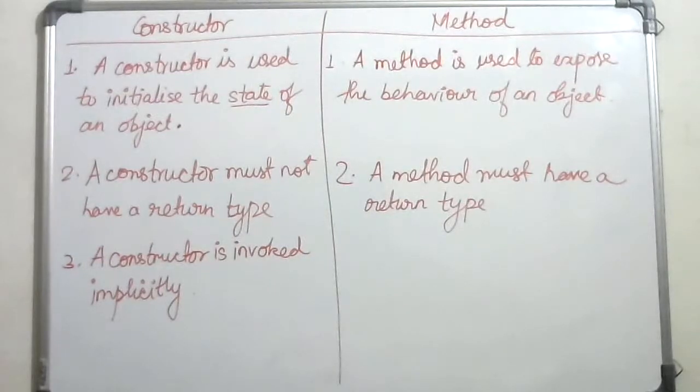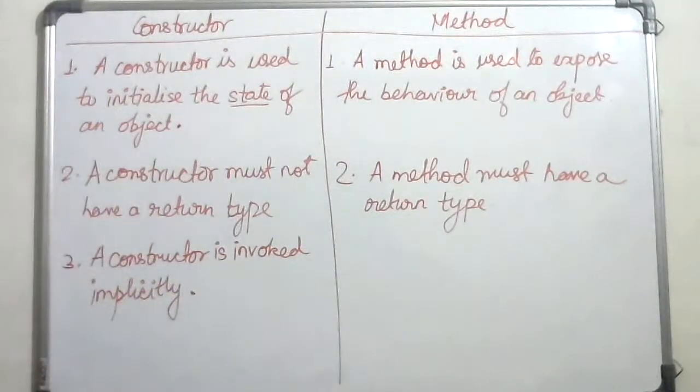Without invoking a constructor, you cannot create an object. Therefore, the very definition of how to create an object contains the invocation of a constructor. So a constructor is invoked implicitly, which means it does not need an object or something else to be called or invoked. It is invoked by default whenever you create an object.